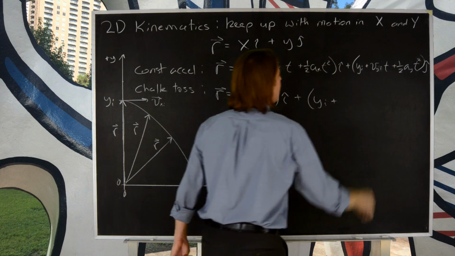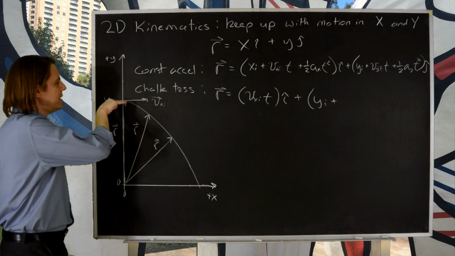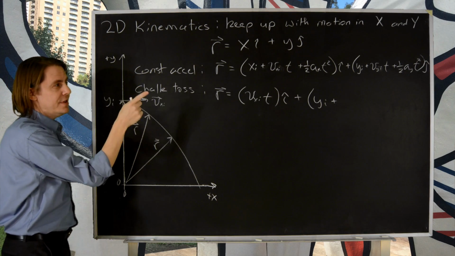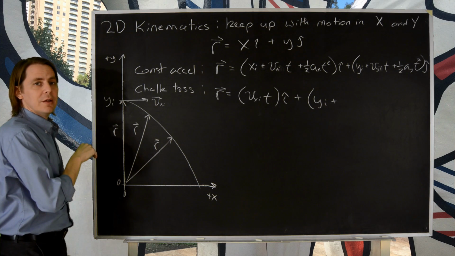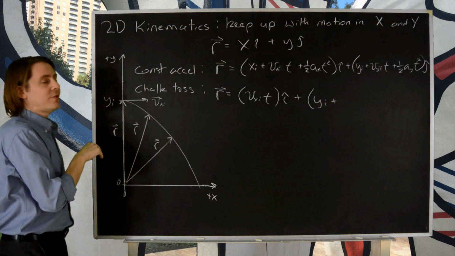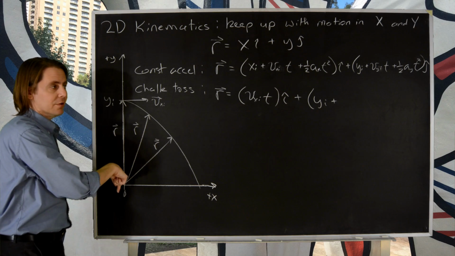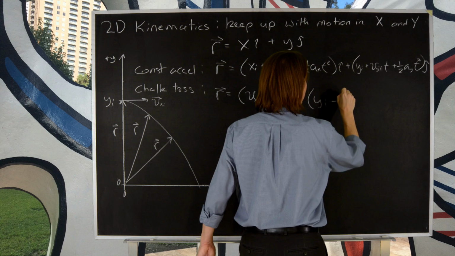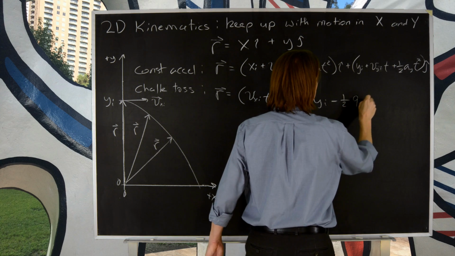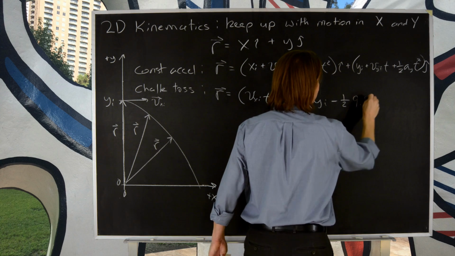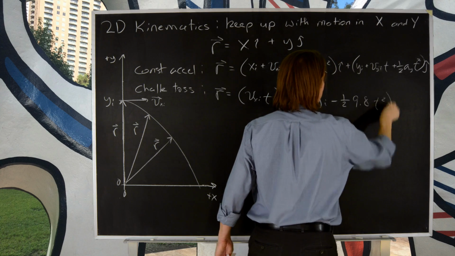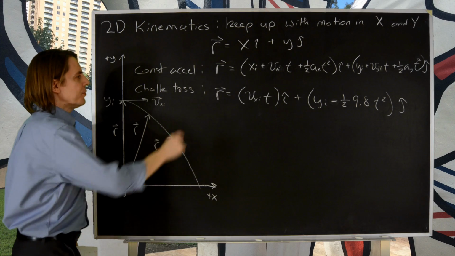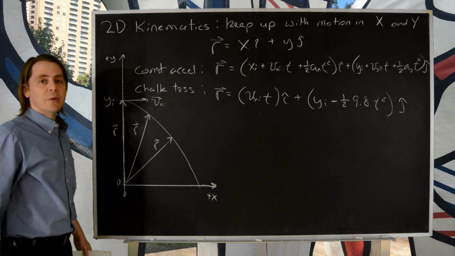And we gave it no initial vertical velocity. We said we threw it horizontally, so vyi is 0. And we do have acceleration in the y, the gravity pulling it down. So we're going to put in negative 9.8 for ay, so minus 1/2 g, 9.8 meters per second squared, t squared, j hat.